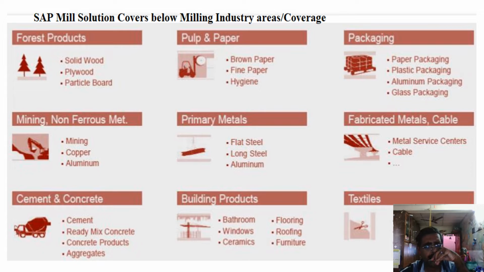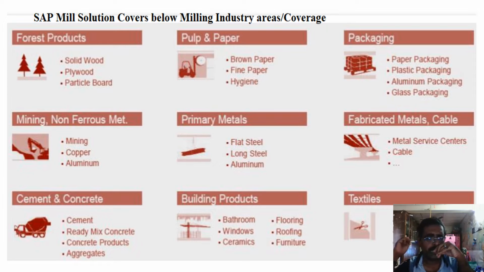And then primary metals such as flat steel, long steel, aluminum, and when coming to fabricated metals and cable, we have metal service centers, cable service centers, everything. And then coming to cement and concrete, we have cement manufacturing, ready mix concrete, concrete products, aggregates.